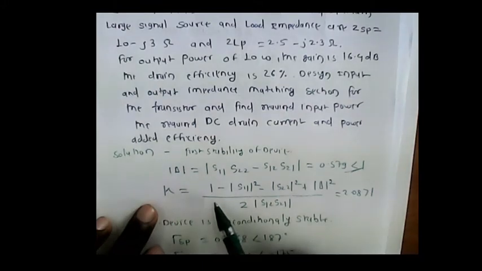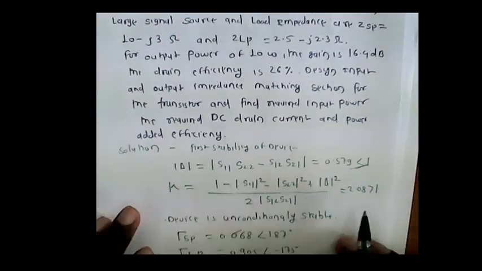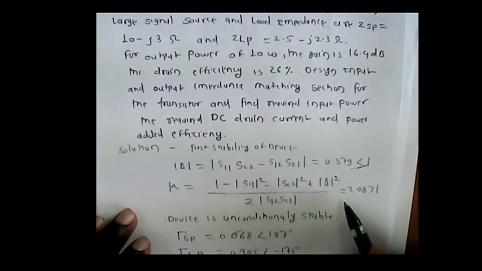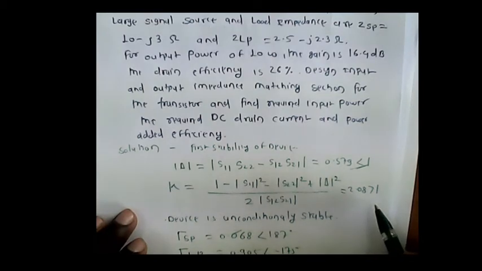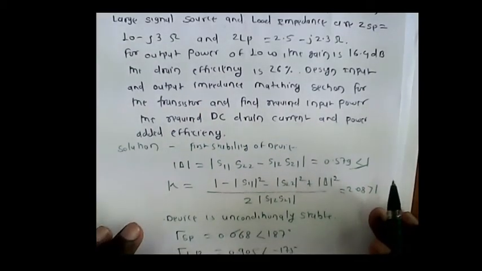The formula is 1 minus magnitude of S11 squared minus magnitude of S22 squared plus delta squared, divided by twice the magnitude of S12 and S21. After calculation we get 2.087, which is greater than 1. So this device is unconditionally stable.